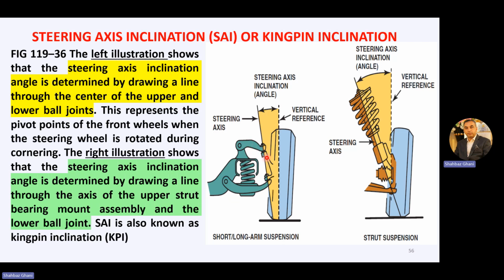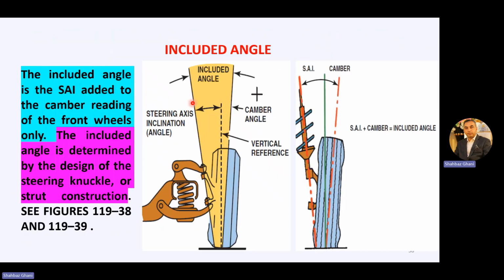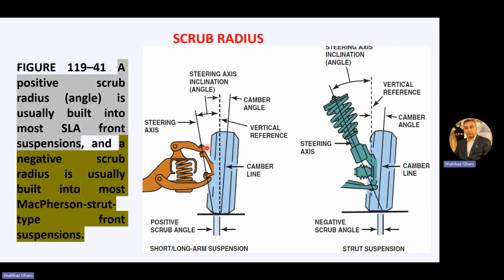It is also known as SAI or kingpin inclination, and it depends upon the suspension which you are using. Now, the included angle is the sum of the steering axis inclination plus the camber angle. So that is your included angle.